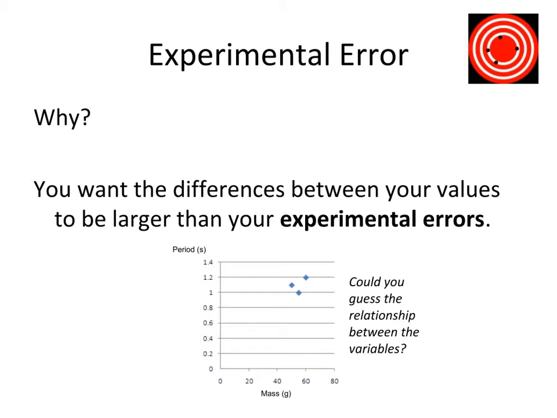And you want the differences between your values to be larger than the experimental error. So if we have a situation like this, it's difficult to determine what the relationship is because, for one thing, we only have 3 pieces of data. That doesn't give us a lot of information.